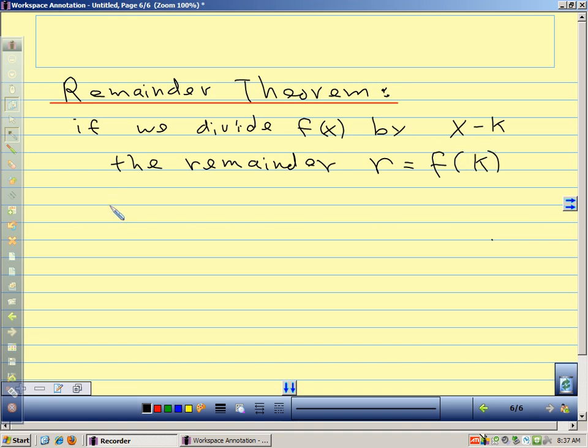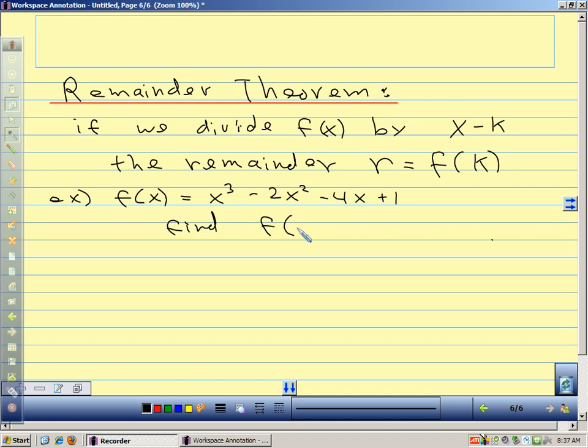So as an example of that, let's say we have f of x equals x cubed minus 2x squared minus 4x plus 1. And we want to find f of 1.